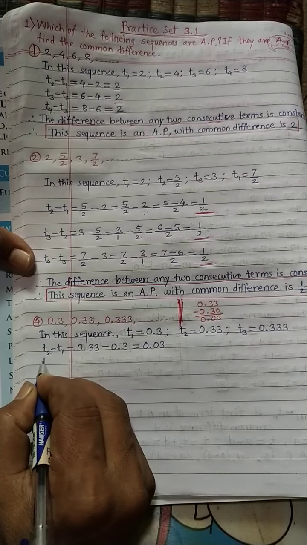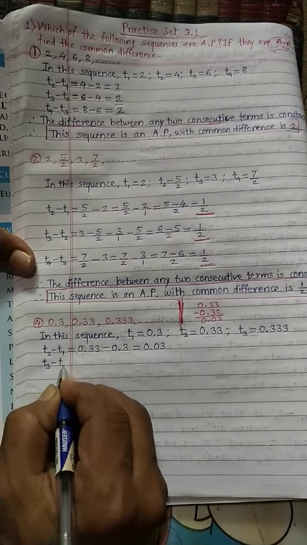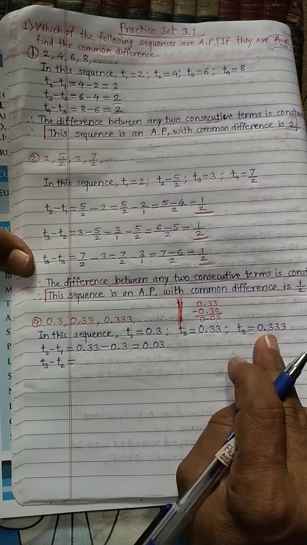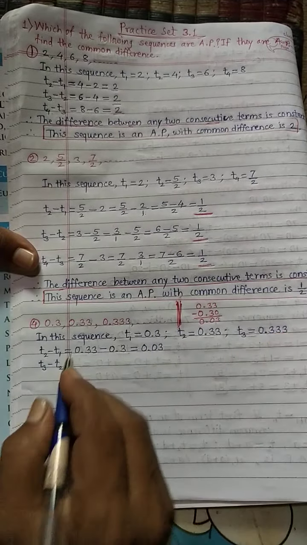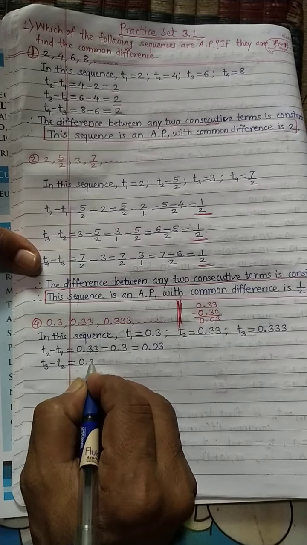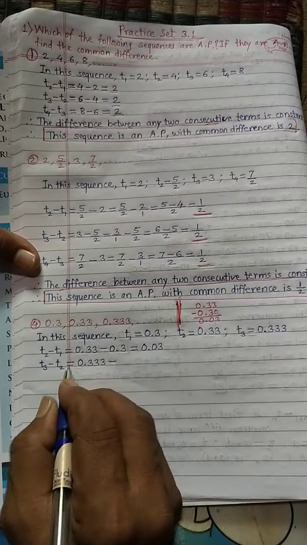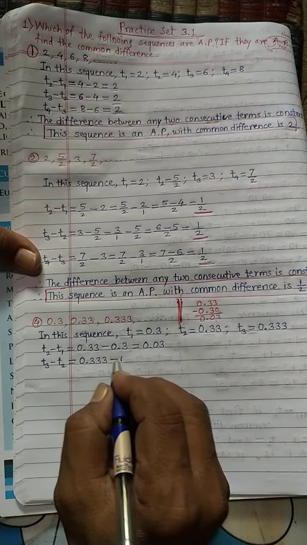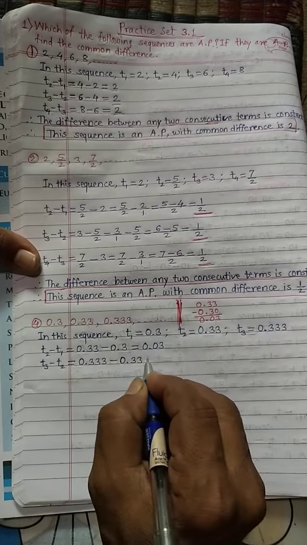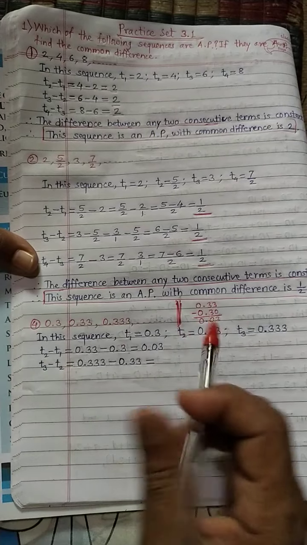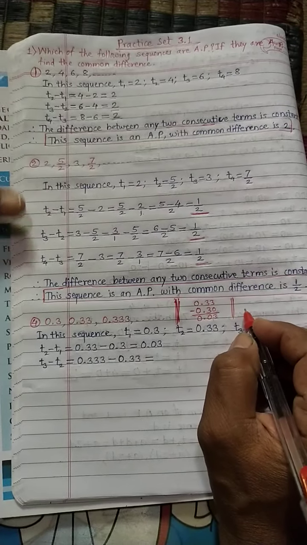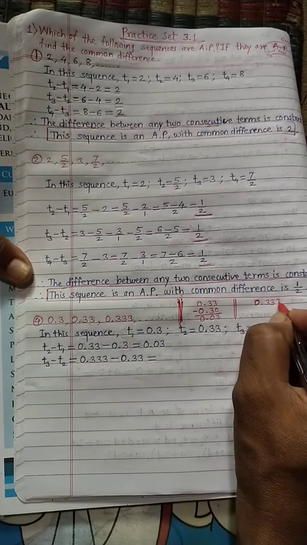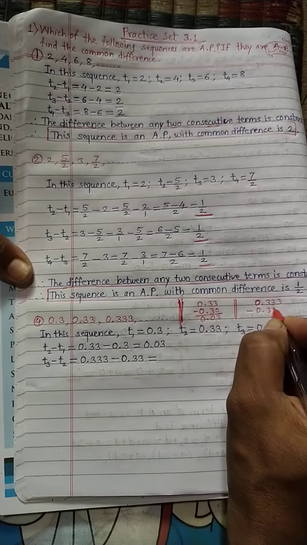Now the next difference, T3 minus T2, is equal to 0.333 minus 0.33.